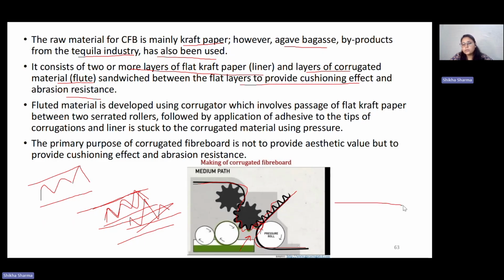So this will be the liner, and the fluting will stick on that. The fluting material is developed using a corrugator. So this is basically the corrugator.